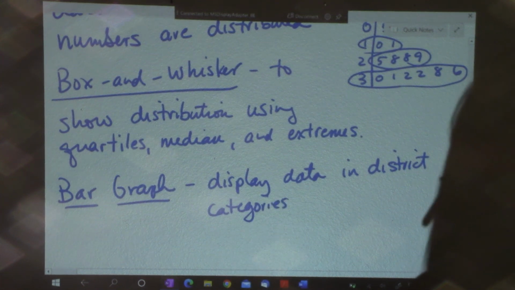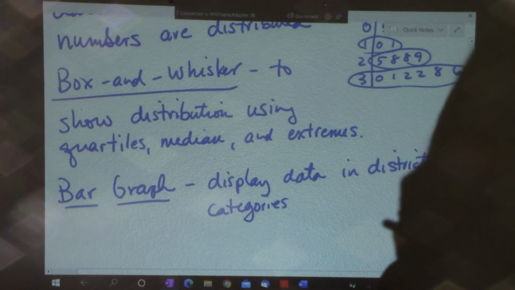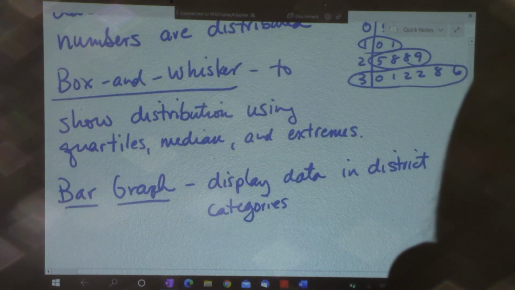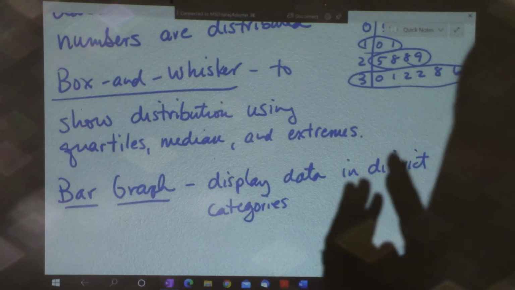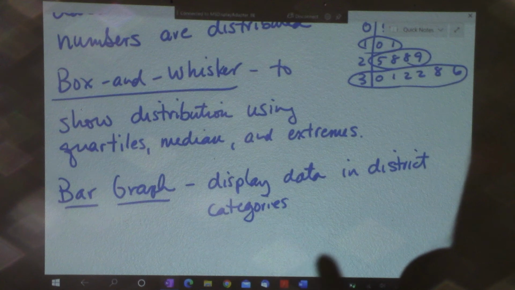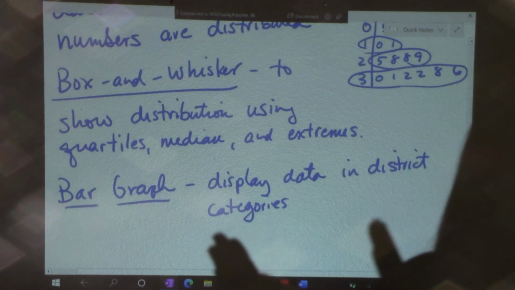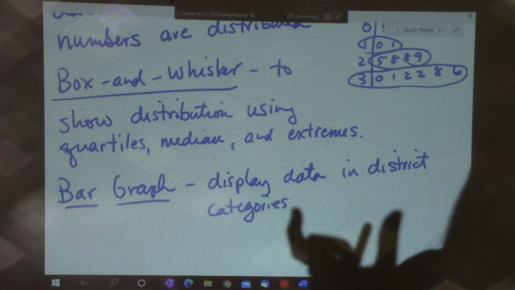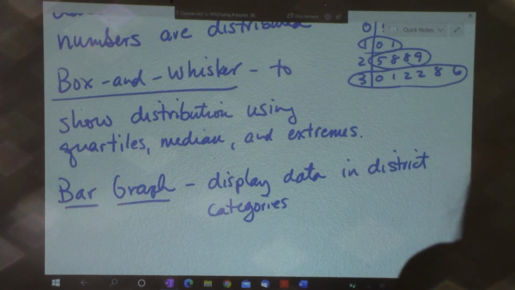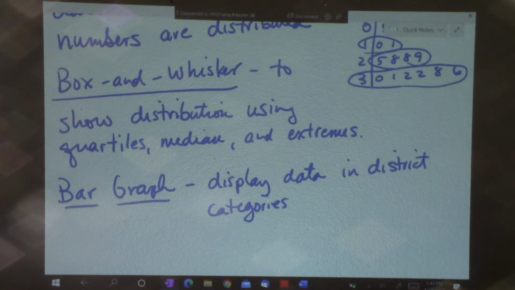Like we had different types of instruments. Those are things. It was a piano or a trumpet or a guitar. Those are very distinct. They're very different. Or different careers. We looked at doctor, lawyer, actor. They were all very distinct and different. So that's when you want to use a bar graph.